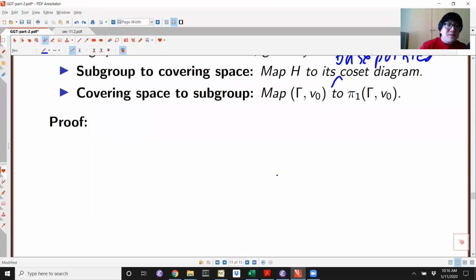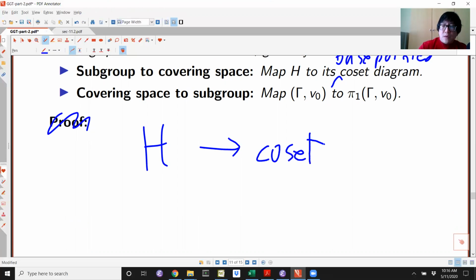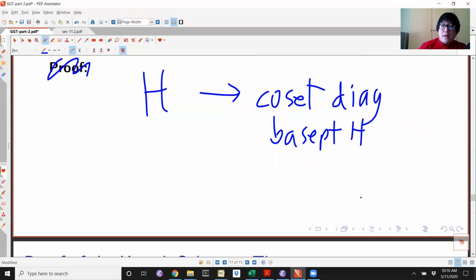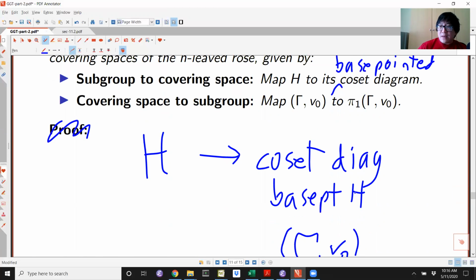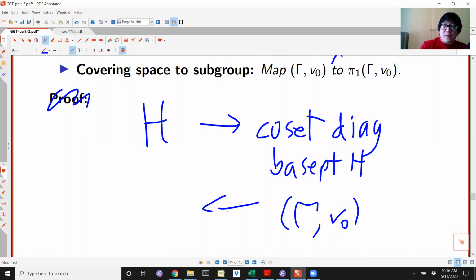This is not even going to be a proof, just a sketch. H maps to the coset diagram with base point H. Conversely, if you have a base pointed covering space Gamma with base point v sub 0, you define a map from that graph to its fundamental group, and this is a bijection.